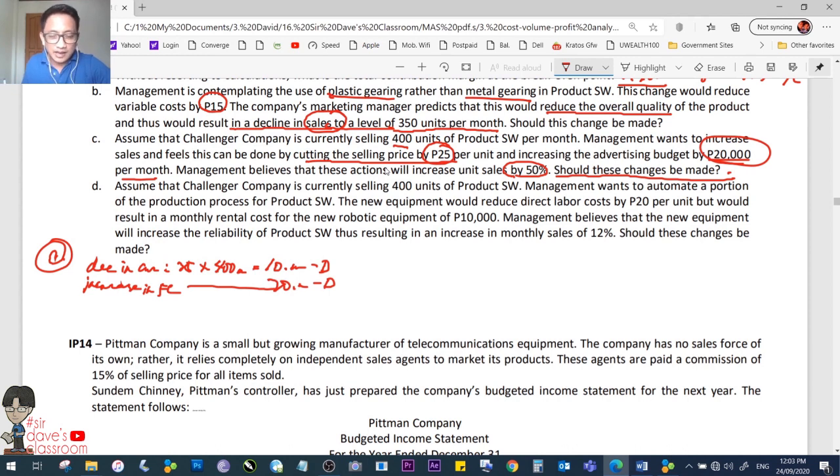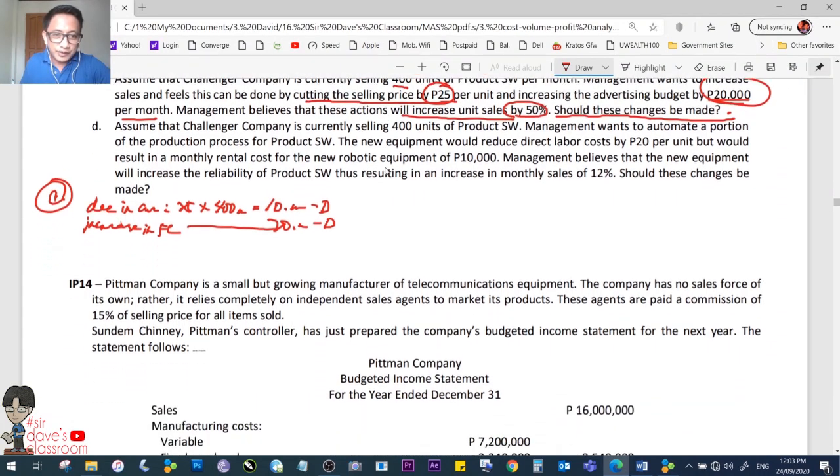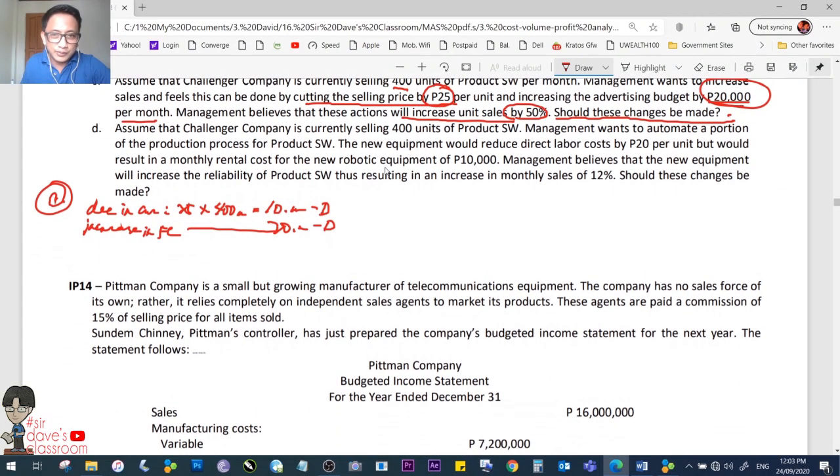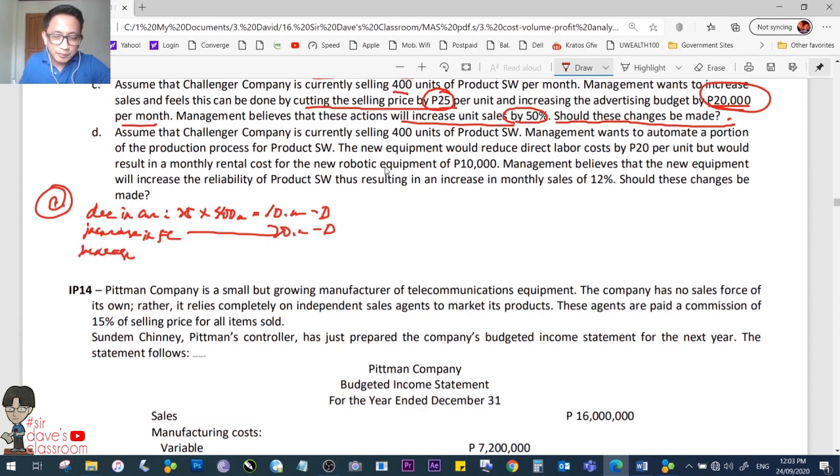Ano pa? As an effect, also, again, another effect, unit sales will increase by 50%. So, if currently you have 400 units, it will increase by 50%. So, increase in contribution margin. There will be 200 new units aside from the 400. So in totality, it becomes 600. You have 200 new units giving you magkano?